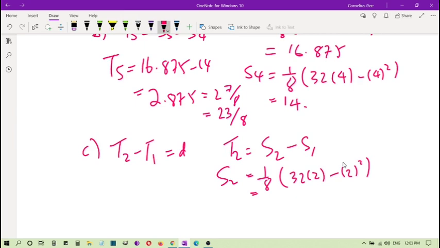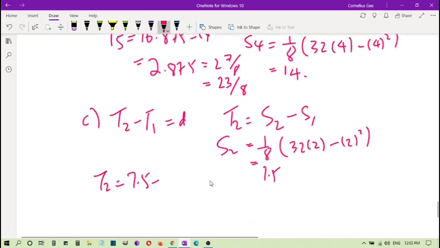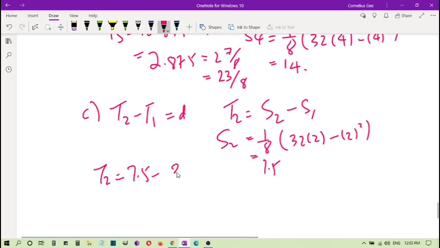So it's 7.5. Okay, so I want to find T2, so it's 7.5 minus S1. S1 is 31 over 8. So this is what? Minus 31 over 8.